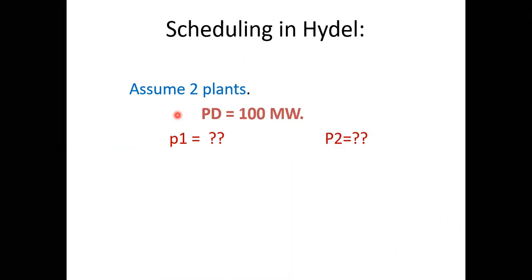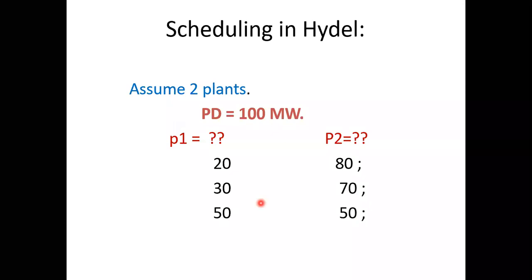Whatever values you want to give for P1 and P2, you can give, because this is normal scheduling. Your P1 may be equal to 20, then automatically your P2 becomes 80. Similarly, if you give P1 equal to 30, the second power plant is going to generate 70 megawatts.